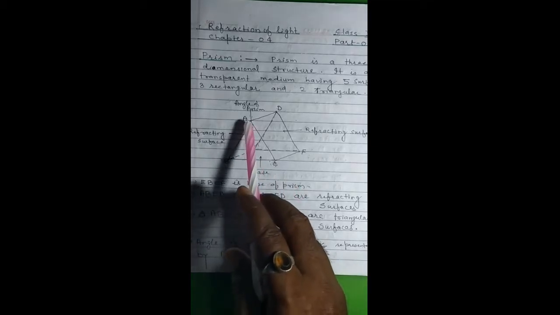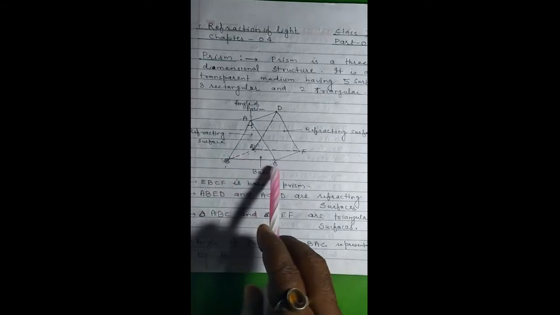Look at the model of prism. A, B, C, D, E, F is a model of glass prism. B, C, F, E is the base of prism.